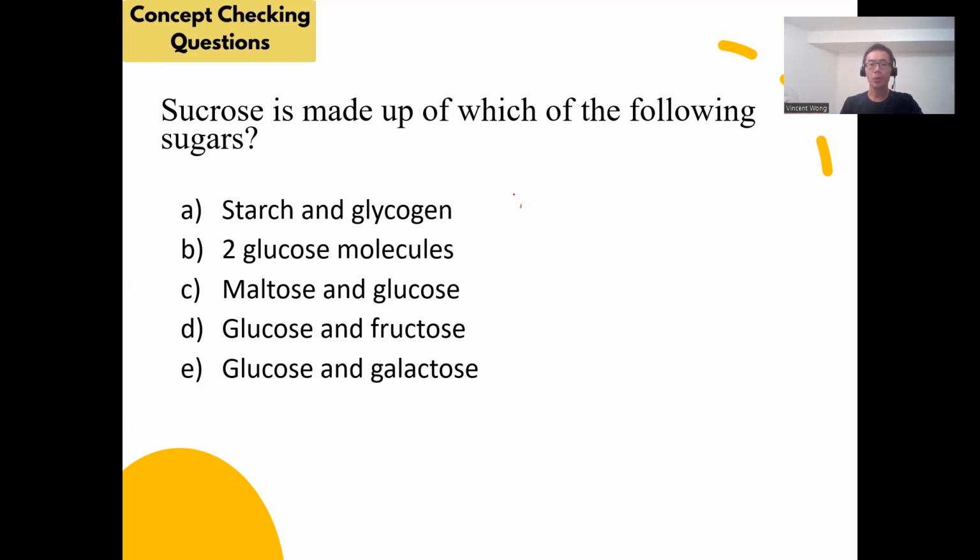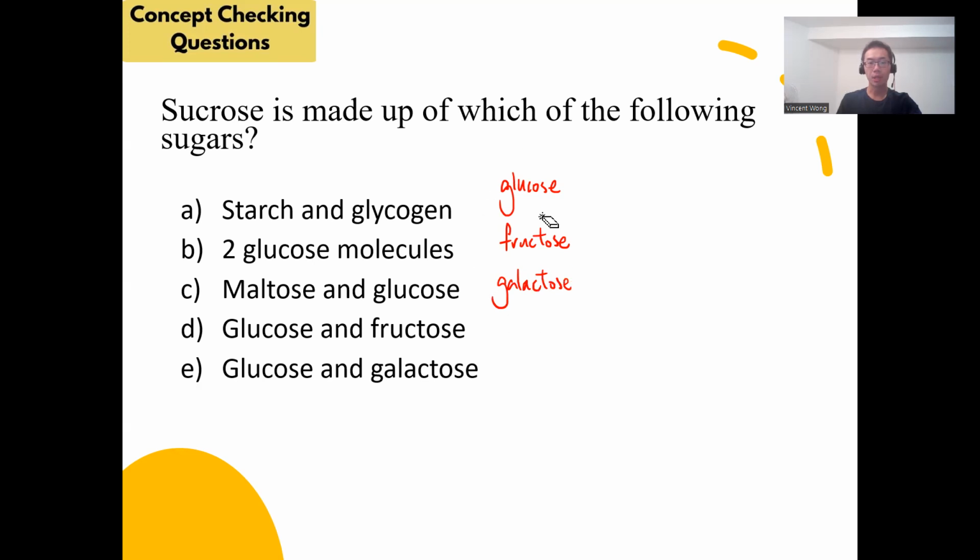Okay, so we learned that carbohydrates are made up of these individual building blocks, right? And they include things like glucose, fructose, and galactose.